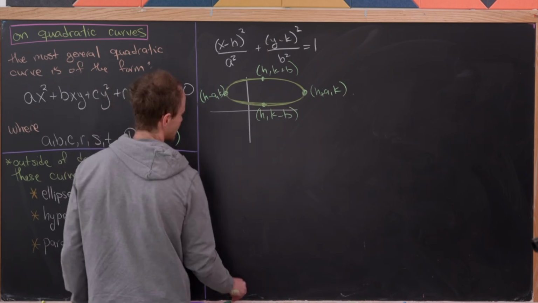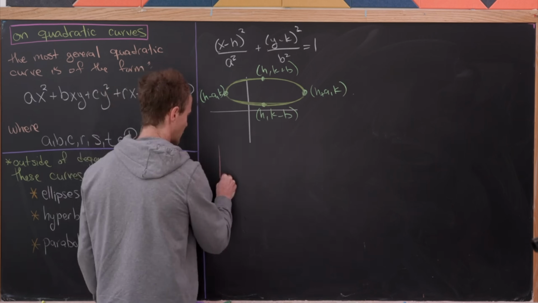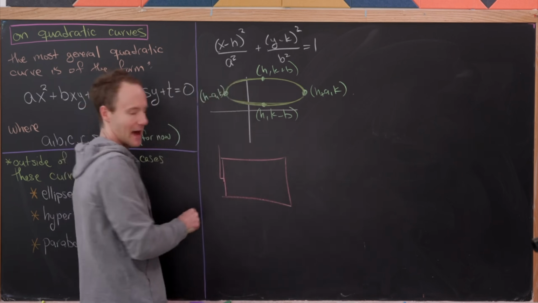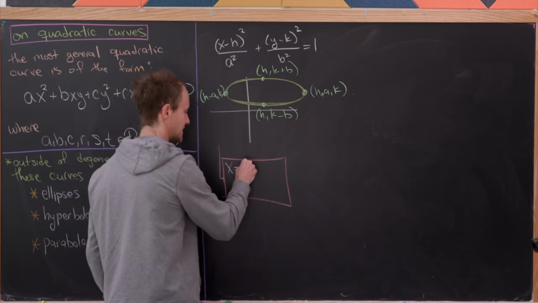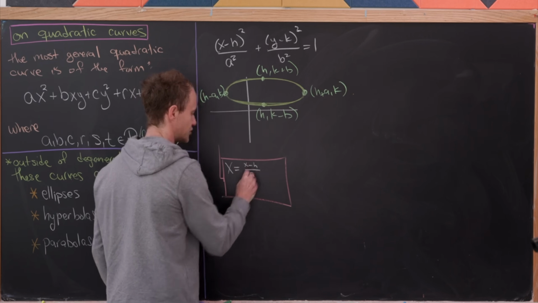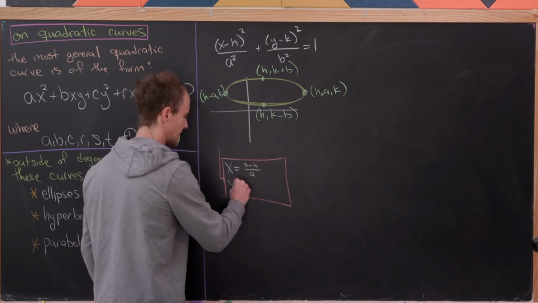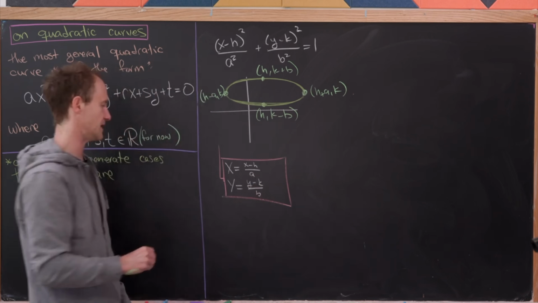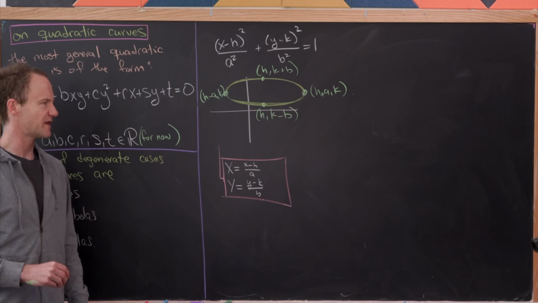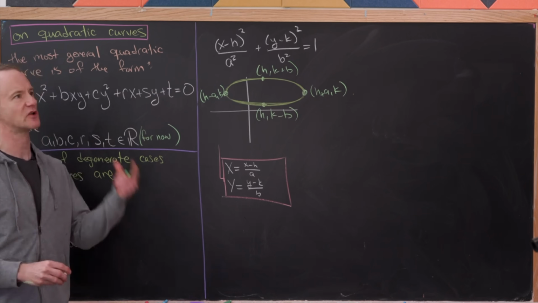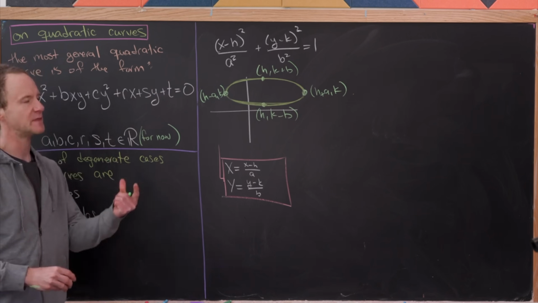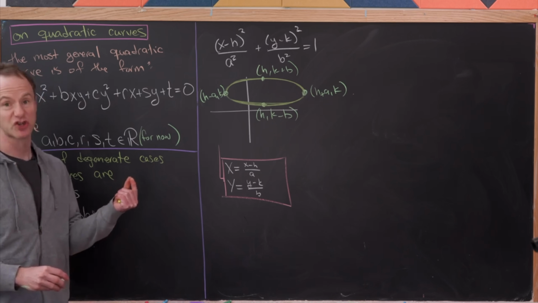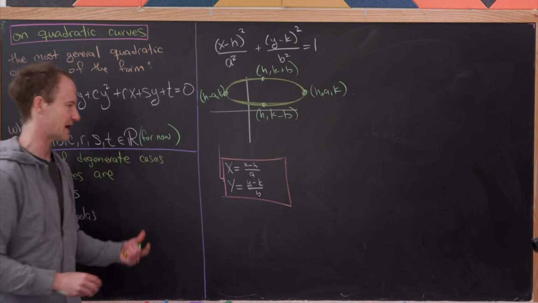Now let's make a transformation of this. And what sort of transformation do we want to make? Well, let's set capital X equal to (x minus h) over a, and then we'll set capital Y equal to (y minus k) over b. That has the effect of shifting this plane around, as well as constricting it or expanding it.